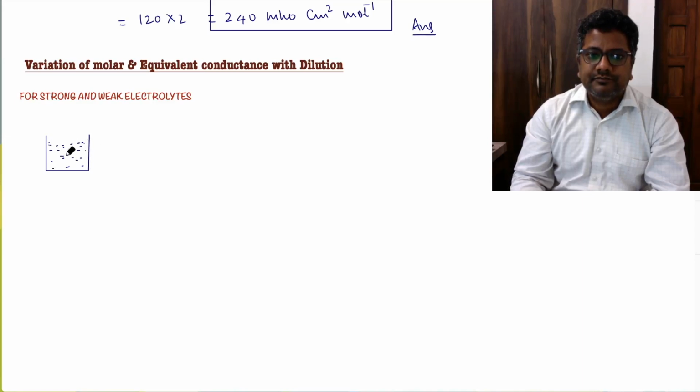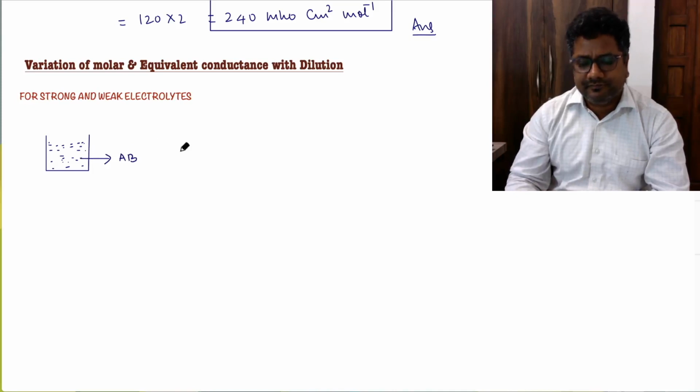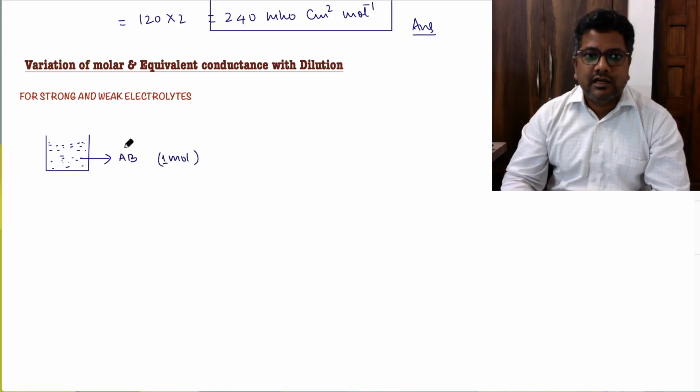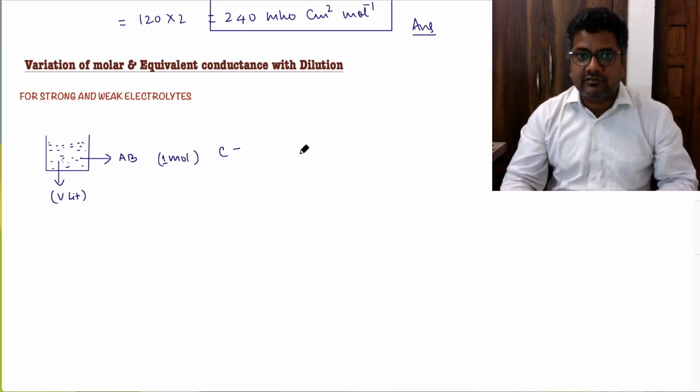Suppose we have AB, an electrolyte, and we have taken 1 mole of this electrolyte, and the volume, let it be V liters. So what is the concentration of this?